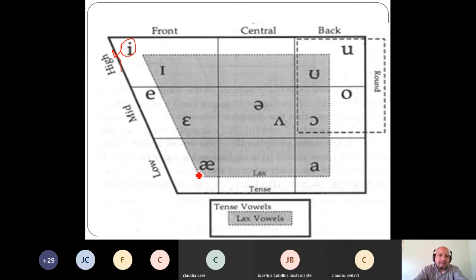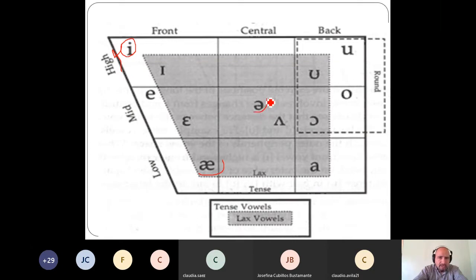If we look at the sound as in cat, the tongue goes to the bottom of the mouth. So this would be a low vowel sound. Okay? So when we refer to the height of a sound, we refer to how high or low the tongue is. So a vowel in terms of height can be high, mid, or low. E is a high sound.